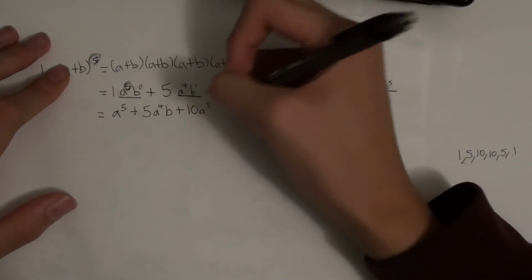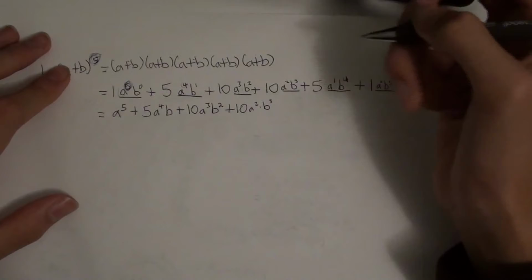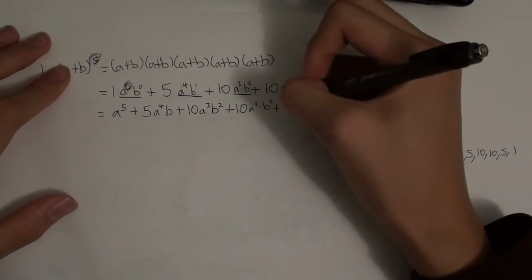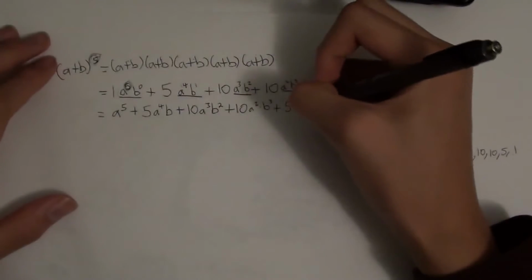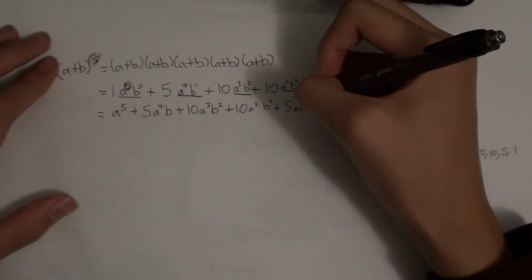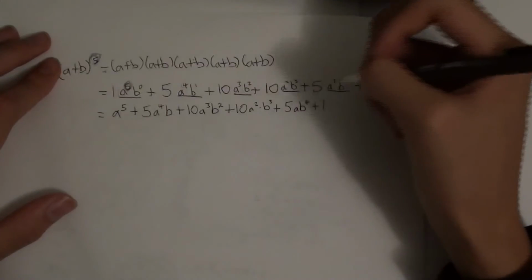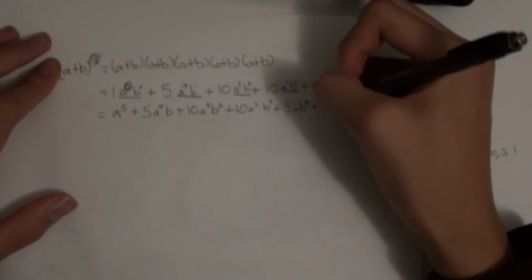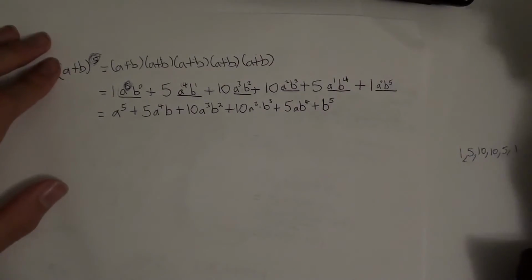Plus 10 times a to the power of 3 times b to the power of 2, plus 10 times a to the power of 2 times b to the power of 3, and plus 5 times a, we know a to the power of 1 is equal to a, right? Times b to the power of 4, plus 1 times, we know a to the power of 0 is 1, plus b to the power of 5, right? Because we know that 1 multiplied by any number is equal to that number.